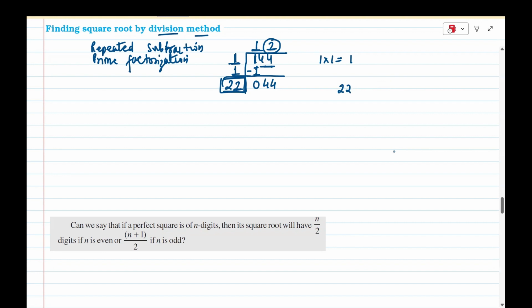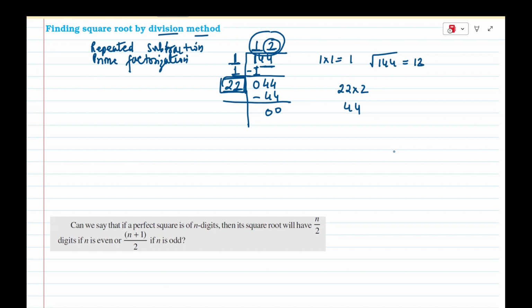Now it is 22, this number, and the quotient is 2, which is giving me exactly 44. So 44, and then as in regular division, subtract. And I got 0 as remainder, so need not do further. My answer is 12. So simply I can say square root of 144 is 12.